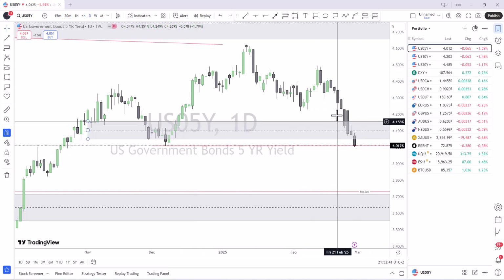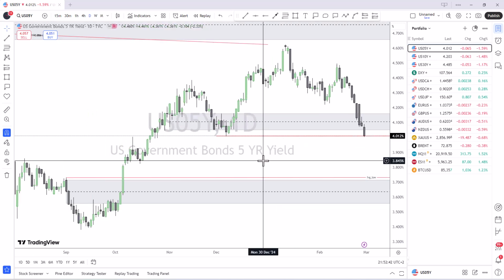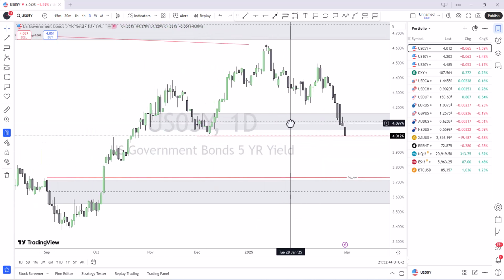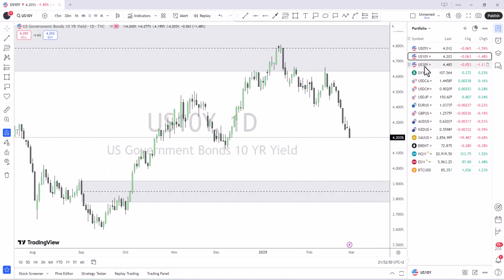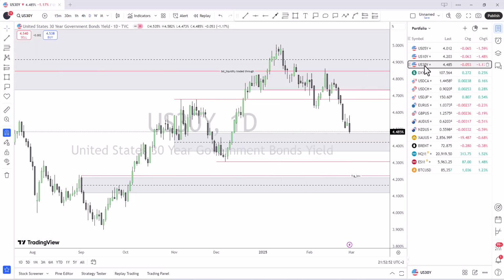Massively bearish, you see, that's massively bearish on the 5-year treasury yields. And then on the 10-year treasury yields, massively bearish. On the 30-year yields, massively bearish. Then you ask yourself, the rally in the dollar, is it going to be sustained or not?